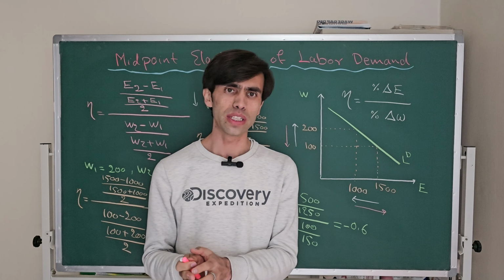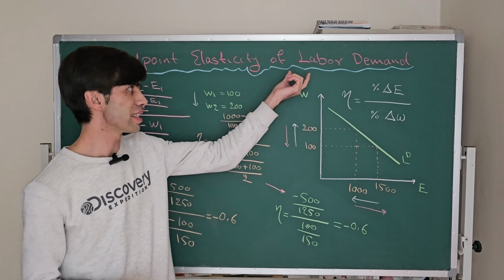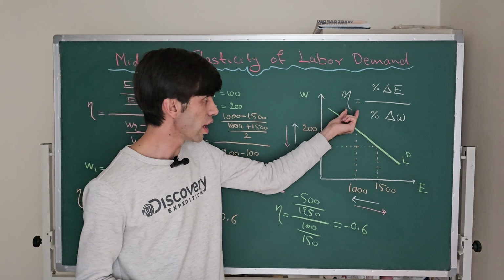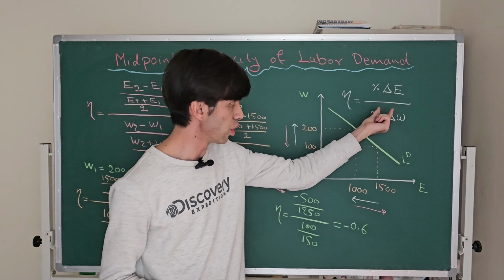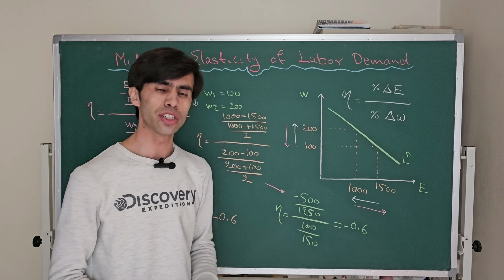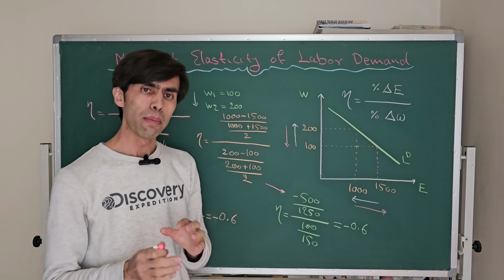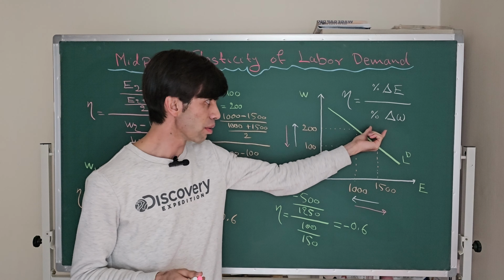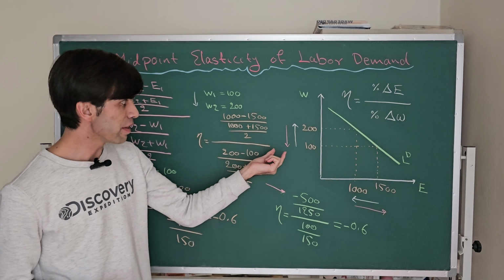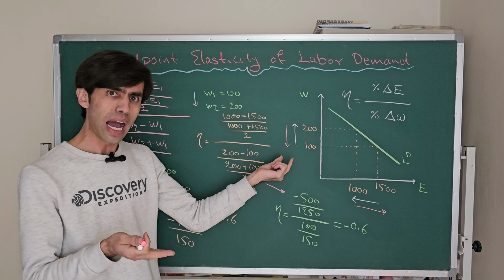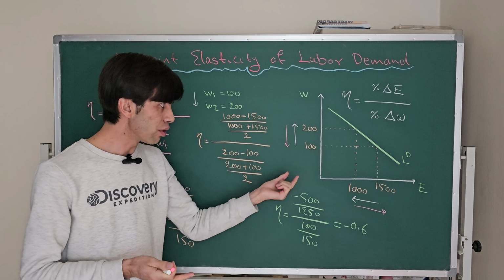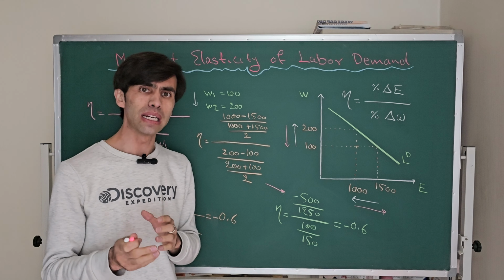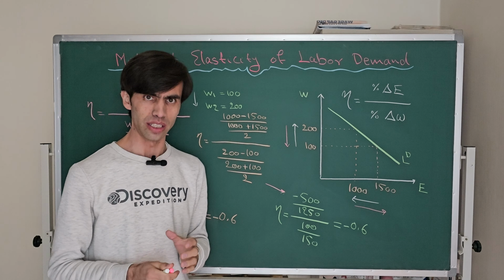In the last video, we discussed the elasticity of labor demand, for which we had a general formula: eta is equal to the percentage change in employment over the percentage change in wage rate. But one of the main problems with this general formula was that if we move up or move down in terms of wage rate, we had completely different values of elasticity.